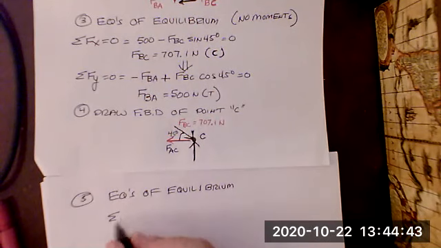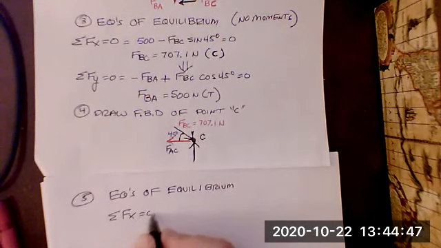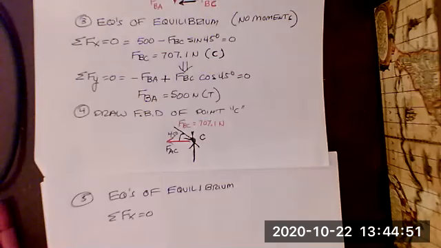That comes later actually. Sum of the forces in the X direction. What we're doing now is really not new. We've been adding forces in the X and Y direction all along, but now we're just doing it to analyze the joints of this truss.